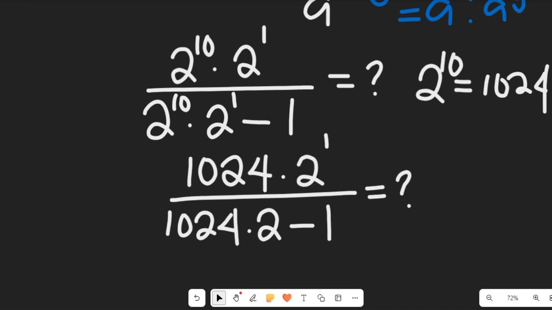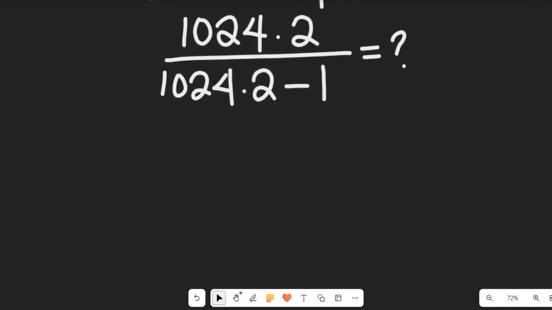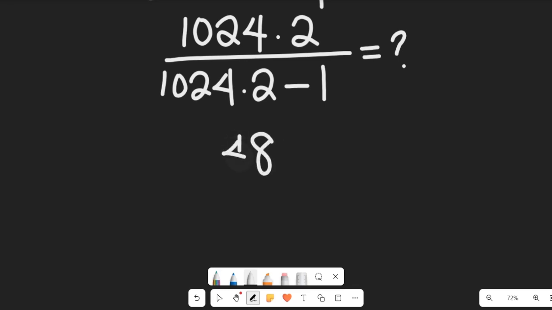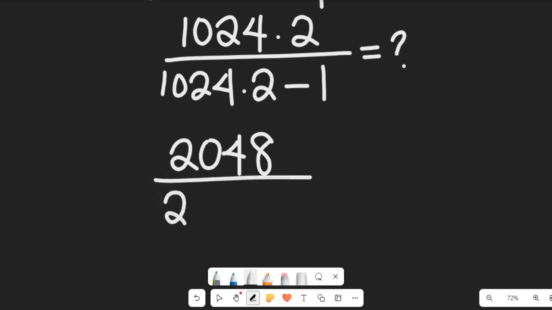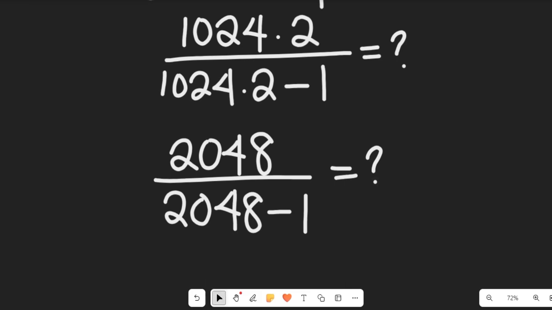So if I simplify this, I'm going to have the expression give me 2 times 4 will give me 8, 4, 0 and 2, and this will be divided by 2, 0, 4 and 8, right, minus 1. This will give me the solution I'm looking for.